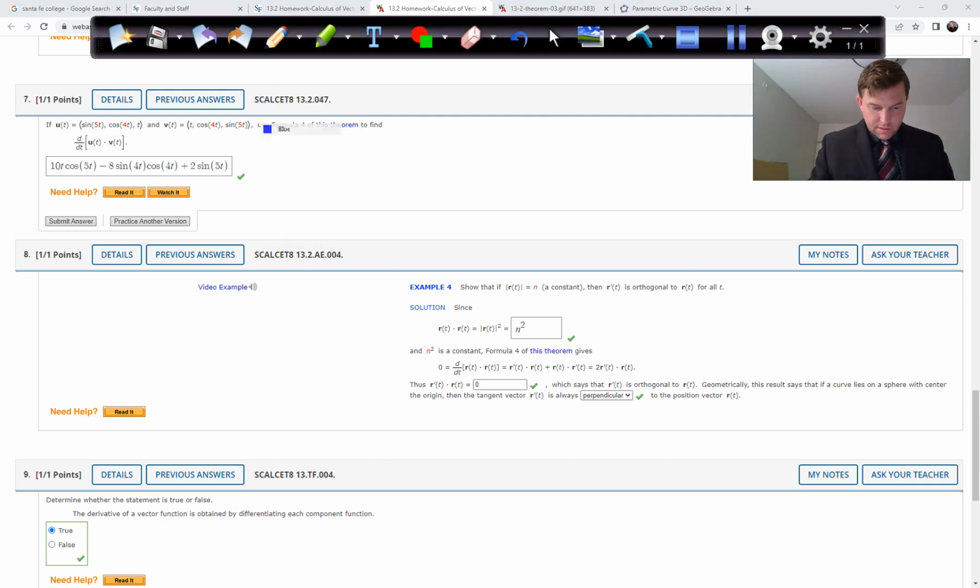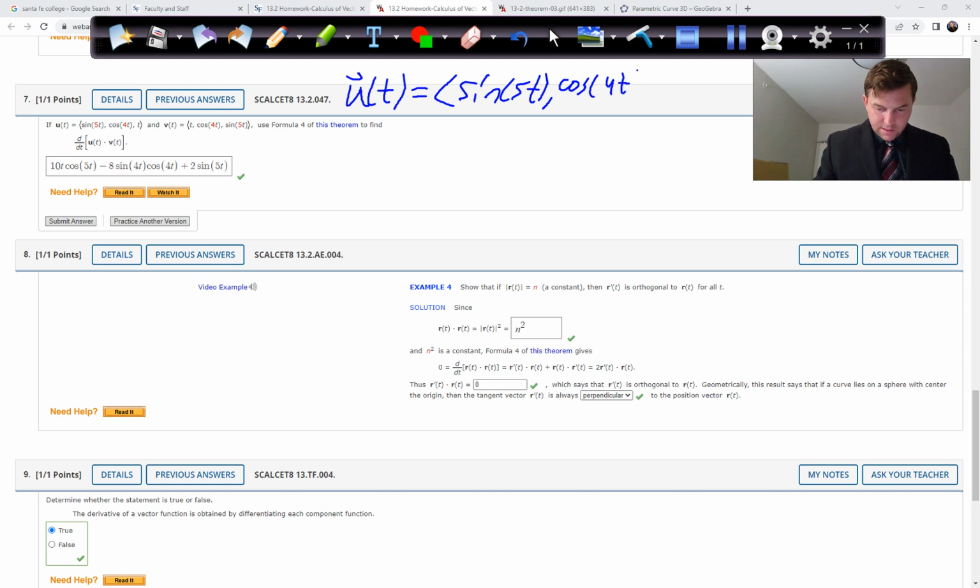So we need the derivative of both vector equations. So we have u of t is sine 5t, comma, cosine 4t, comma, t. And I can immediately find the derivative of this.